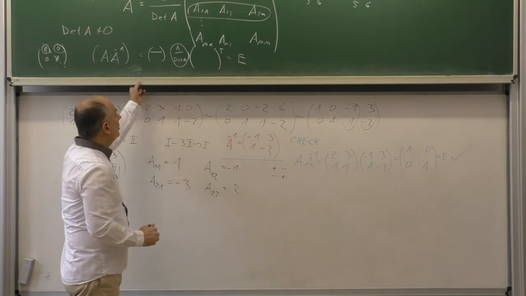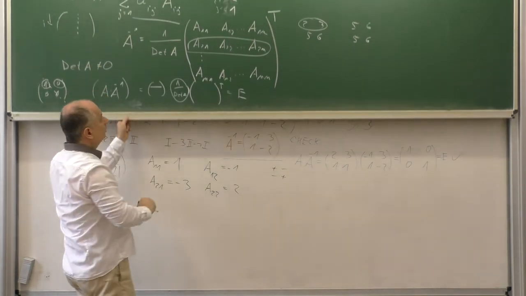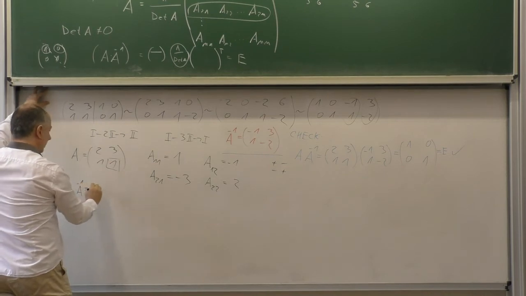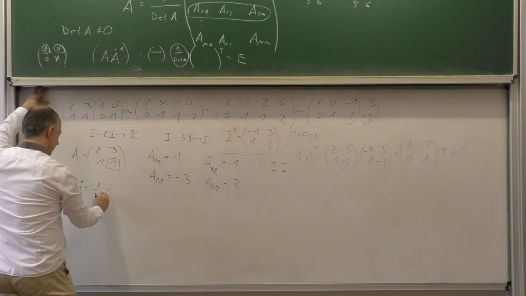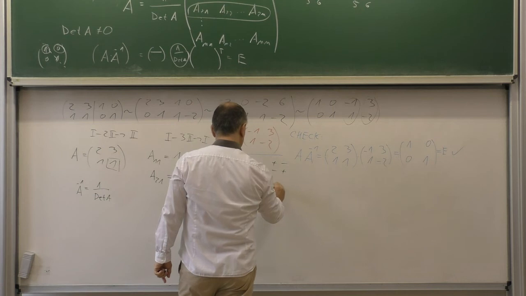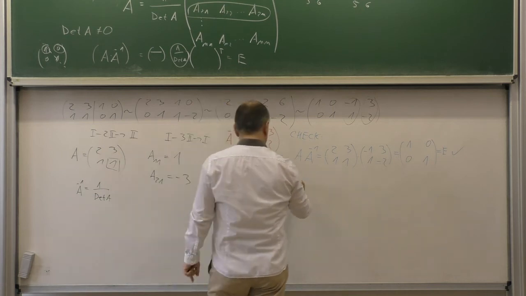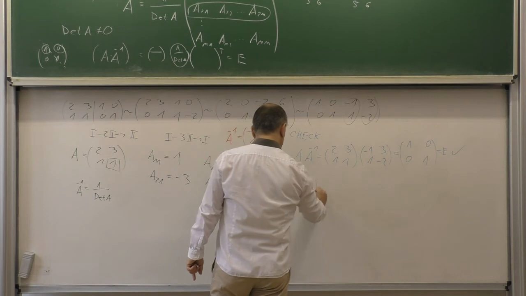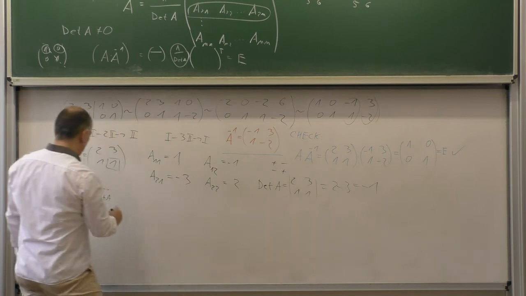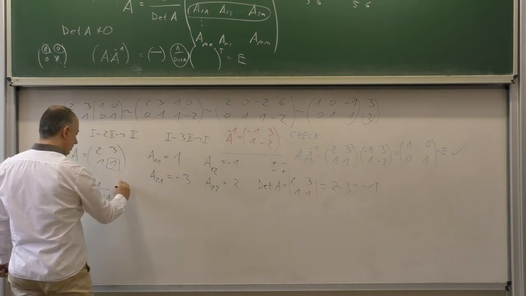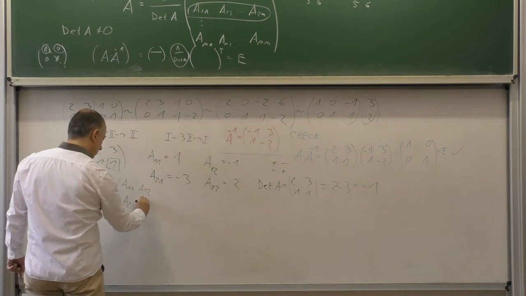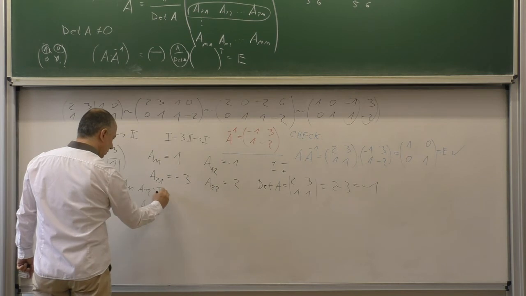So, using this algorithm, we find that the inverse is 1 over the determinant of A. Yes, we prepare the determinant of A: 2, 3, 1, 1, which is 2 minus 3, which is -1. So we have here the cofactors A11, A12, A21, A22, and transpose of that.